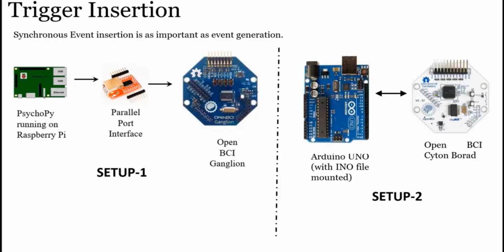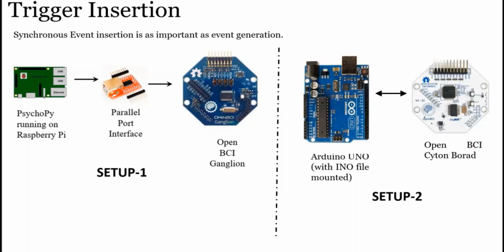There is one more setup which we have used. In case of an auditory experiment, we have generated using Arduino Uno. All of you know that you can write an INO file and you can dump the code into the Arduino Uno. Similarly, you can convert the triggers to the OpenBCI Cyton board.